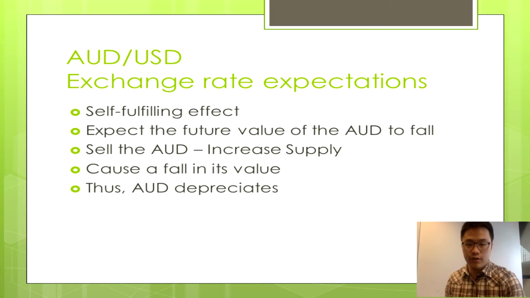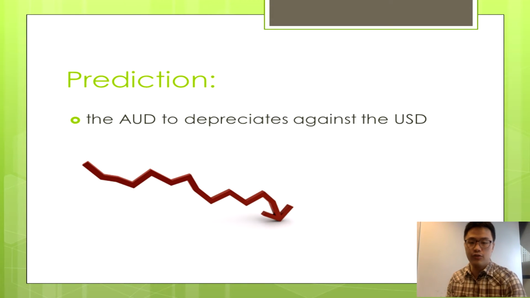So the Australian dollar depreciates against the USD. Basically, the two indicators I just mentioned, the exchange rate expectations and current account deficit, both show that the Australian dollar is going to depreciate against the USD.